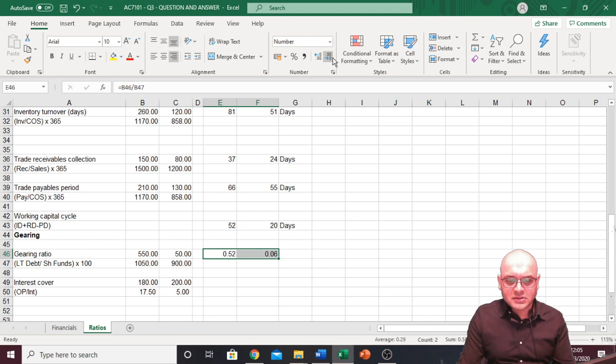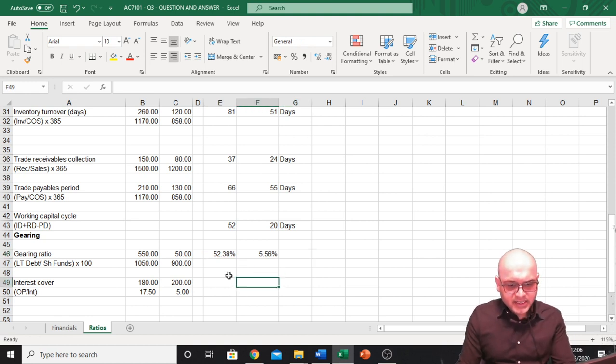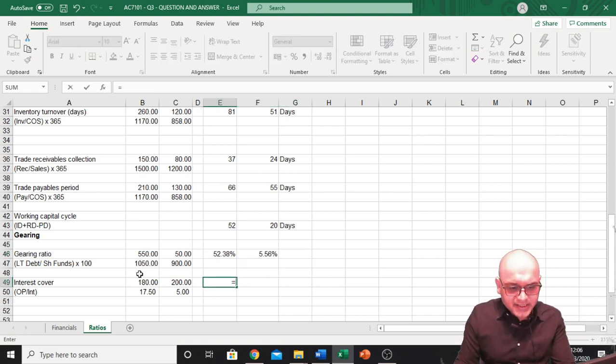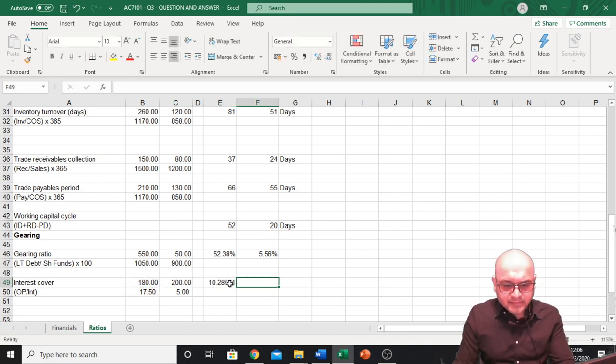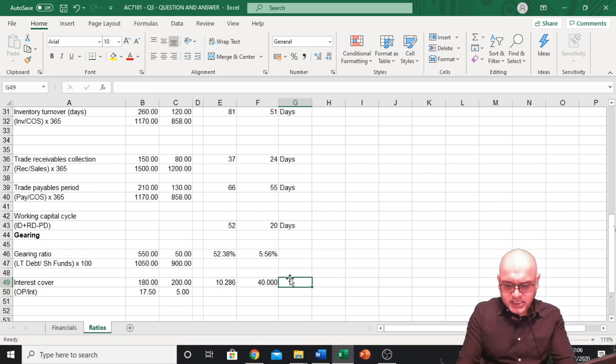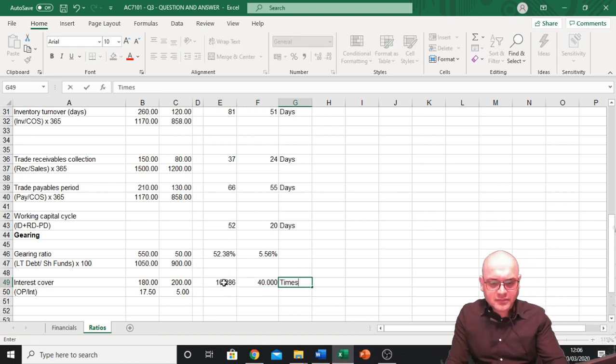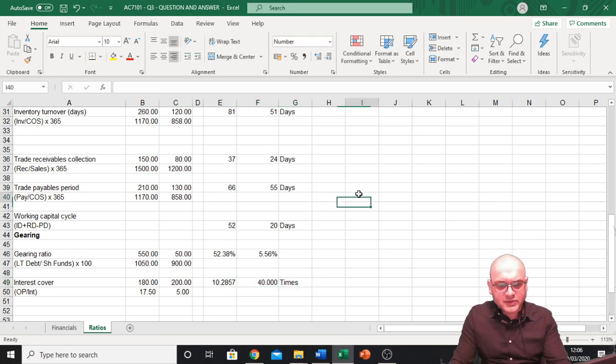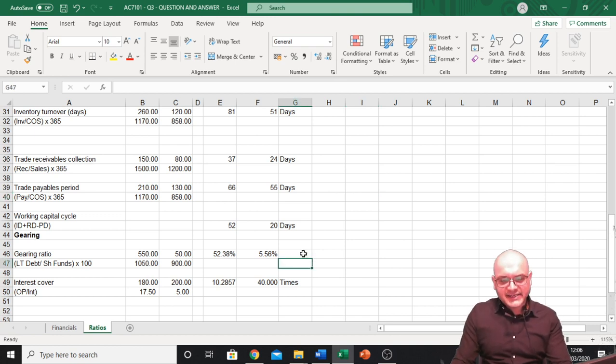And then interest cover is that divided by that, and it's not percentage for sure, it's times. Okay, so make it times.